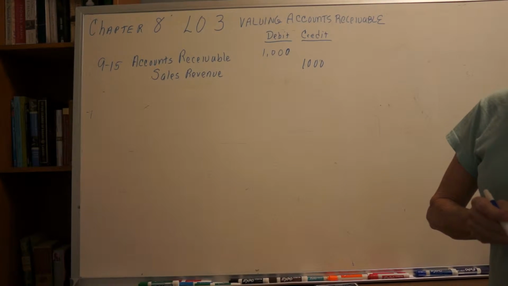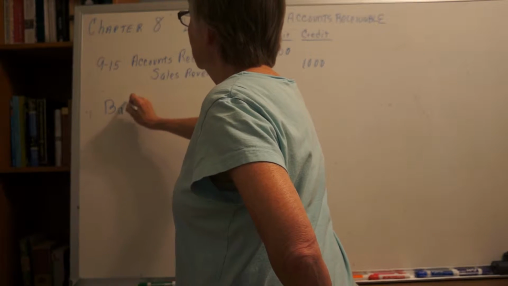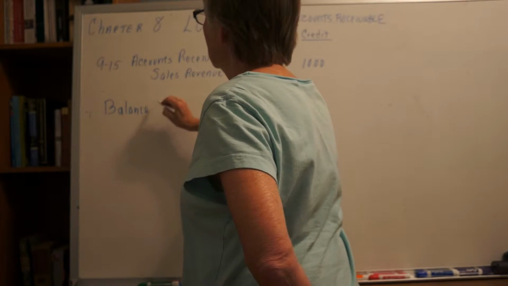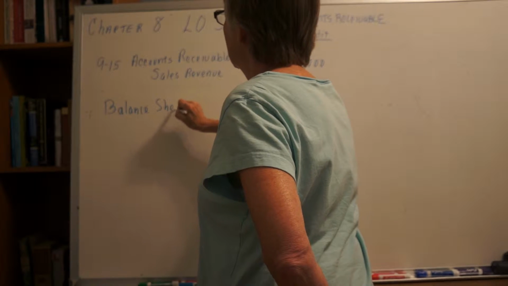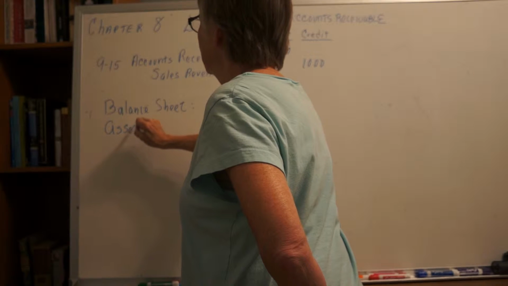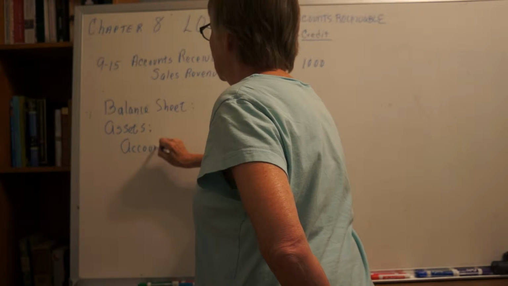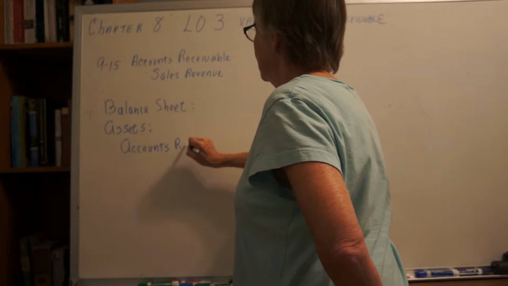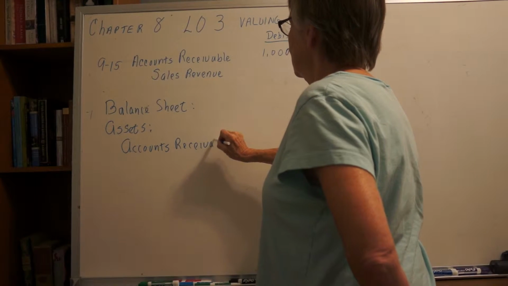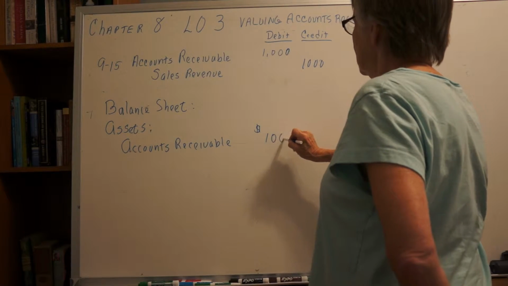So our balance sheet would look like this. If we were doing a balance sheet after we had estimated our bad debts using the allowance method, we'd have our assets, and we would have accounts receivable. They would be on the books at the $1,000.